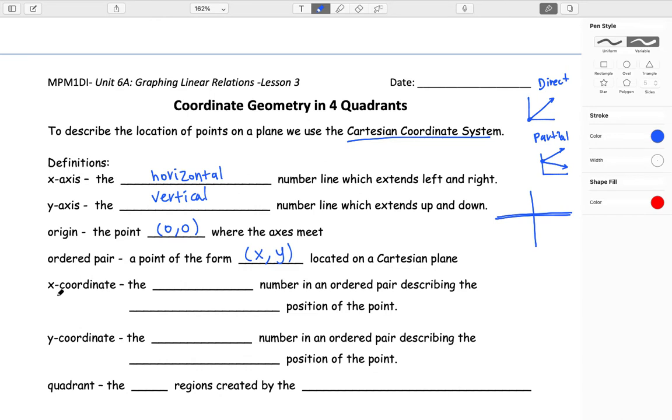The x-coordinate is the first number in an ordered pair, describing the horizontal position of the point. On the other hand, the y-coordinate is the second number in an ordered pair, describing the vertical position of the point.